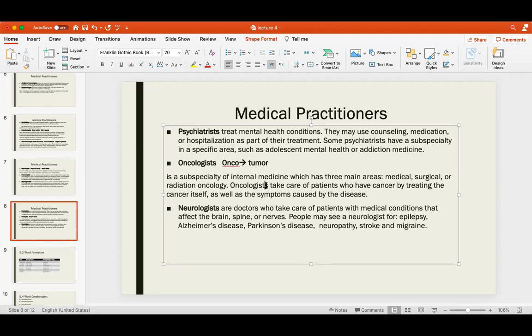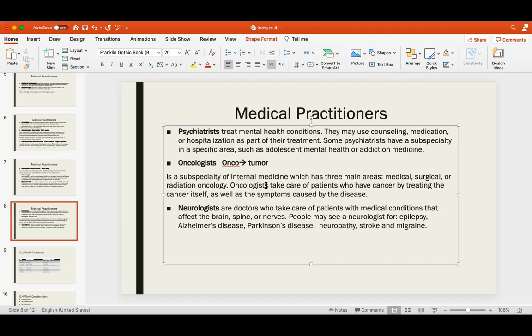Oncologists take care of patients who have cancer by treating the cancer itself as well as the symptoms caused by the disease. All right? So, mostly they take care of the cancer patients and, of course, any other tumors.